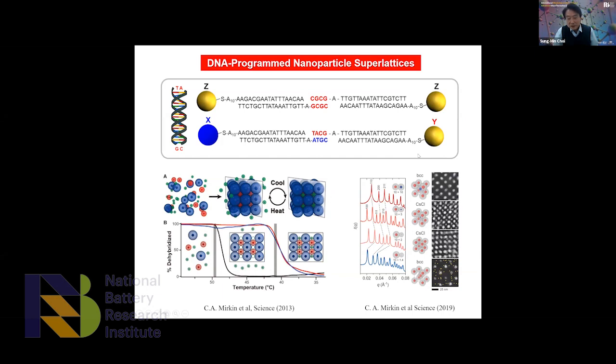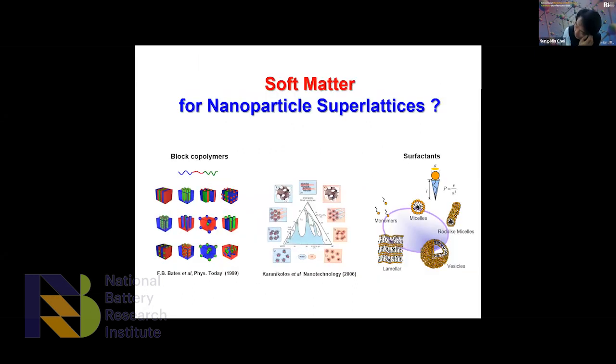Based on this, people can make beautiful structures. Now, being on the soft matter side myself, we are asking whether soft matter can be used for preparing nanoparticle superlattices. So, for example, using block copolymers, surfactants, and so on.